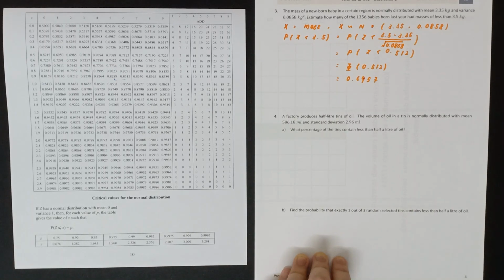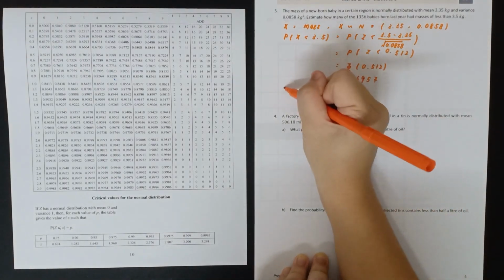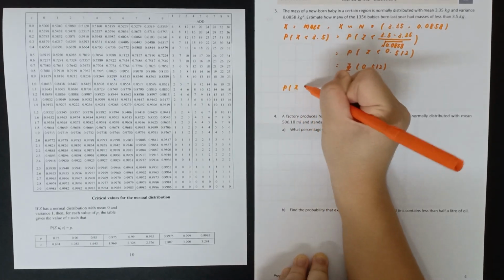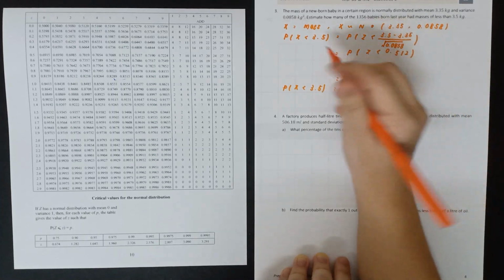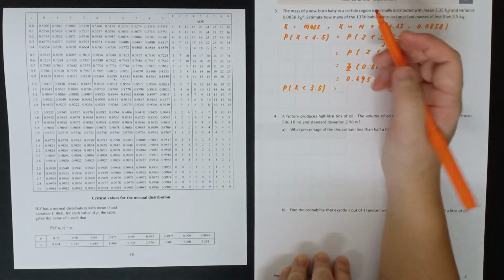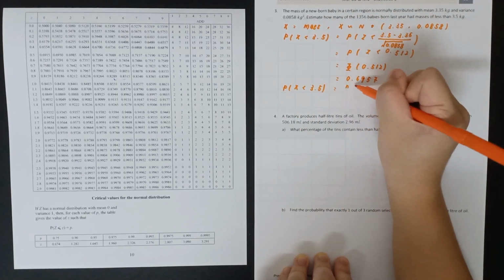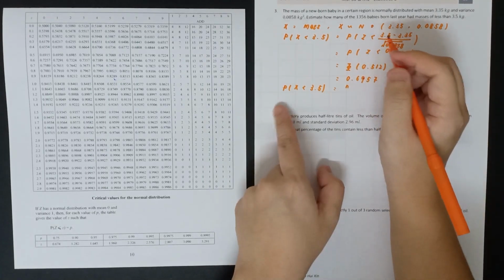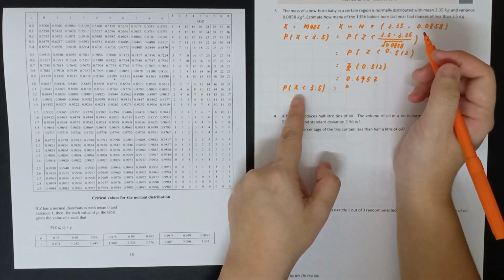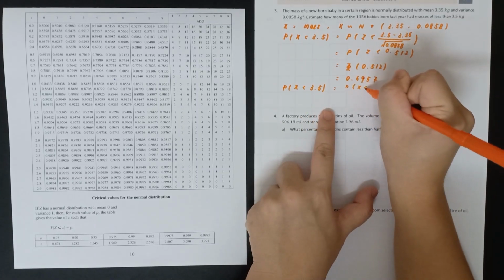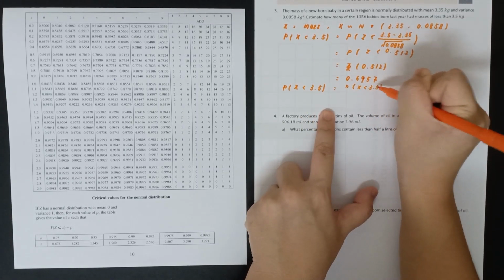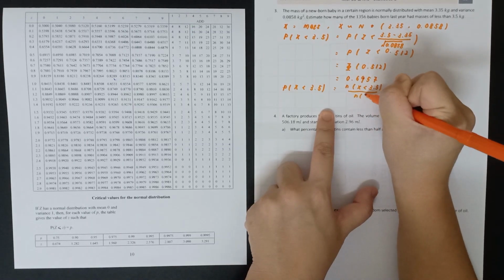So how do I find the number? The same thing, the probability formula. If you need, you can write it out; if you think you are fine, you do not actually need to write this out. The probability for the baby to have a mass less than 3.5 equals the number of babies that had a mass less than 3.5 divided by the total that I have.